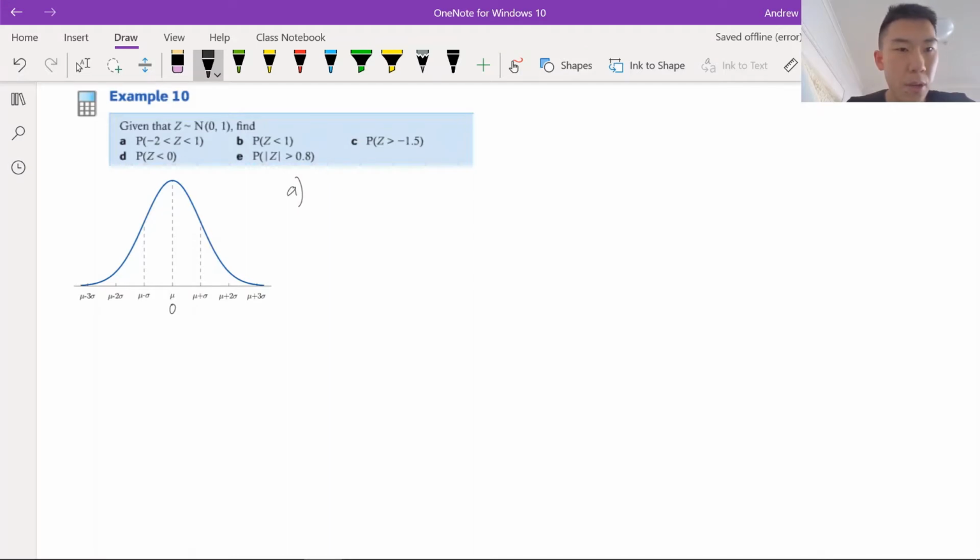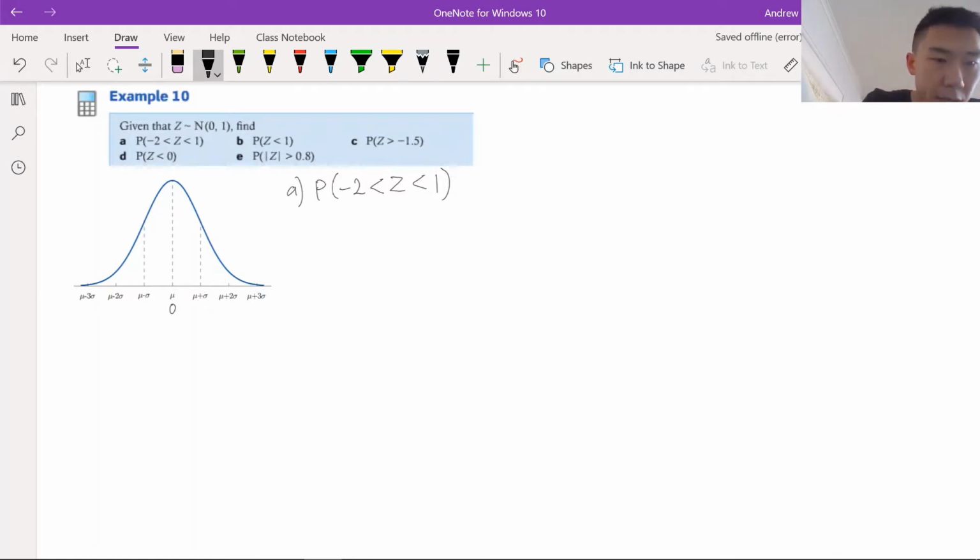So let's do all of these. So A, we want the probability that... basically this is asking you what is the area between, so Z just means in the standardized curve, we want the area from -2 to 1.